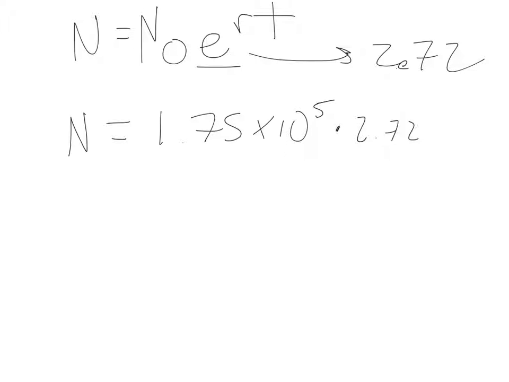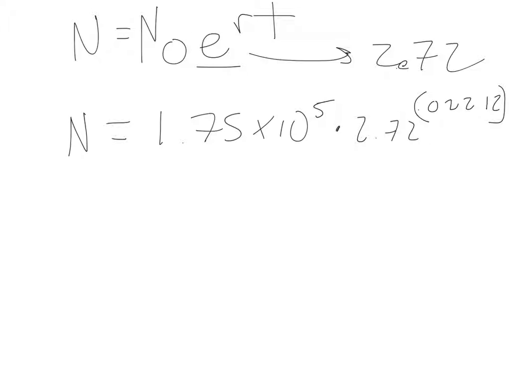The growth rate, if you remember, was 2.2%, so 0.022 in a decimal. And then our time is based on the growth rate. So remember, the growth rate was 0.022 or 2.2% per month. And so in this case, our time has to be 12 months.